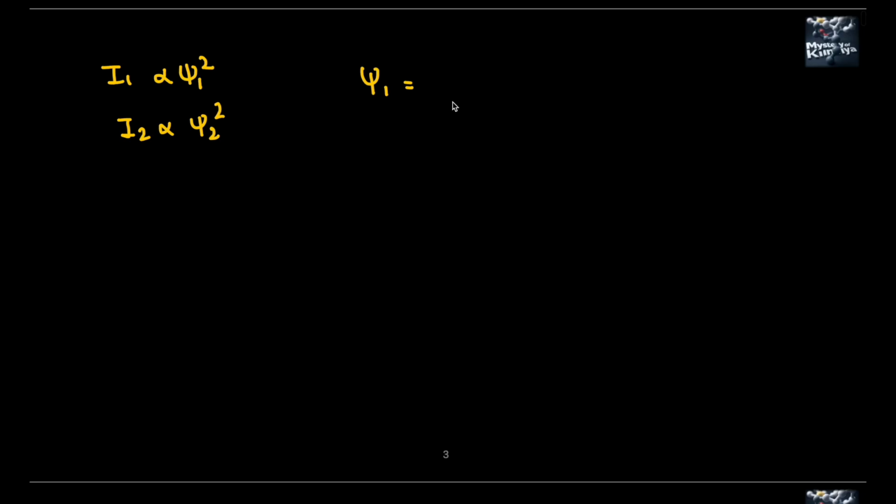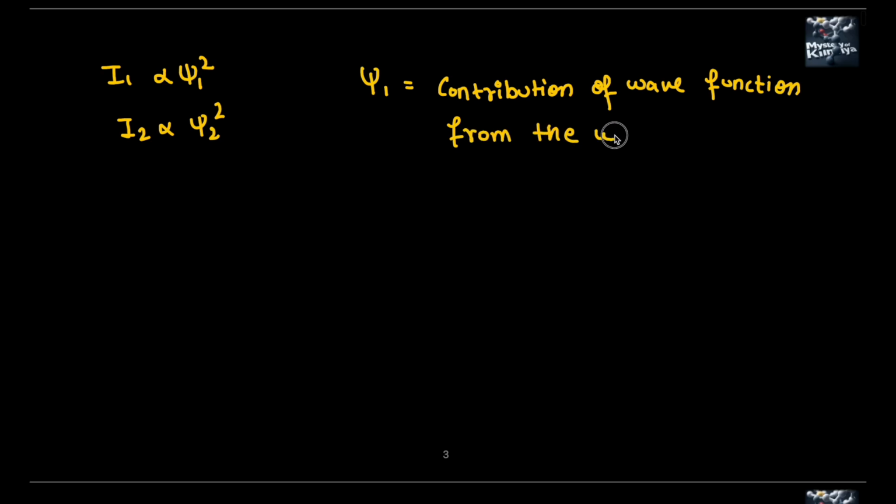Psi 1 is basically the contribution of the wave function from the waves that come from slit 1. Similarly, psi 2 resembles the contribution of the waves which come from slit 2.